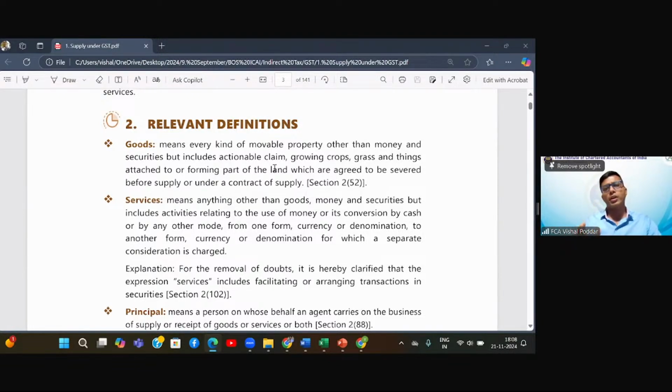Now, both these levy sections only provide for the maximum amount, but they say the exact rate would be prescribed by the government by notification on recommendation of the council. So presently the highest rate of IGST is 28 and of CGST and SGST individually is 14.